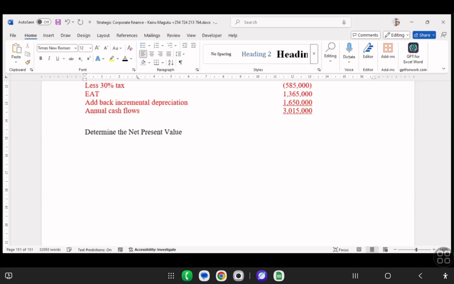Determine the net present value, NPV, and help make the decision.